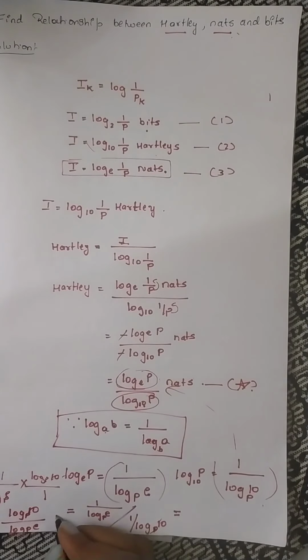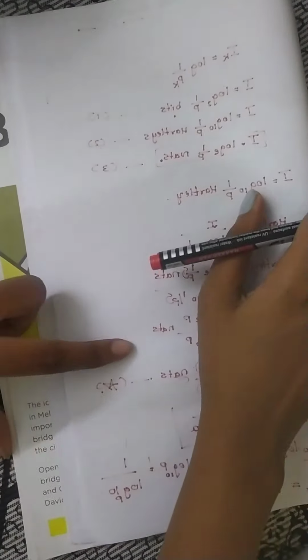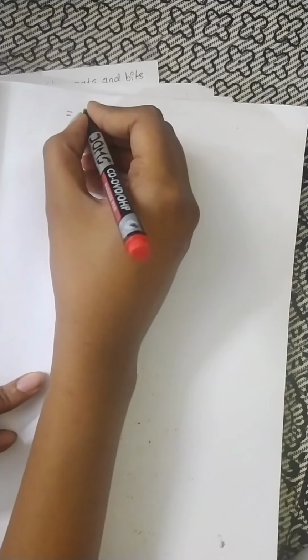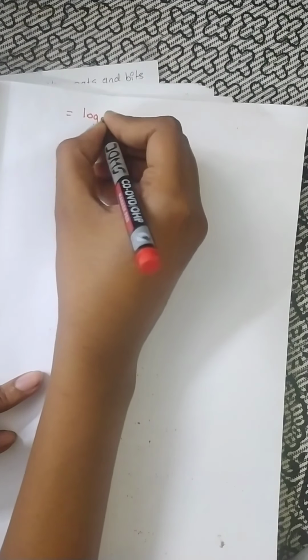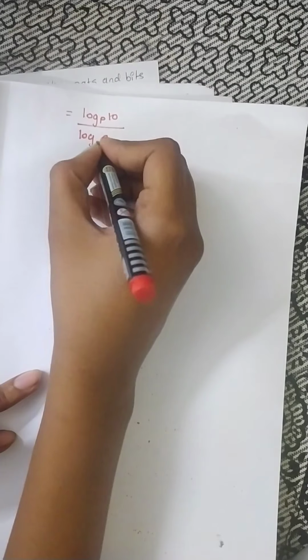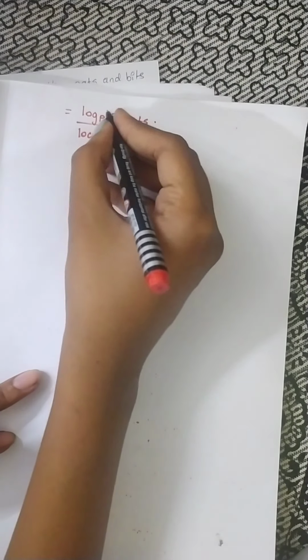Okay. So what did we get? We got log 10 to the base p divided by log e to the base p, and you have nats here.